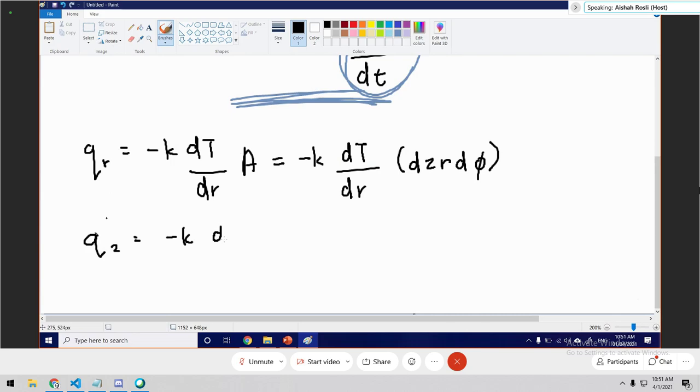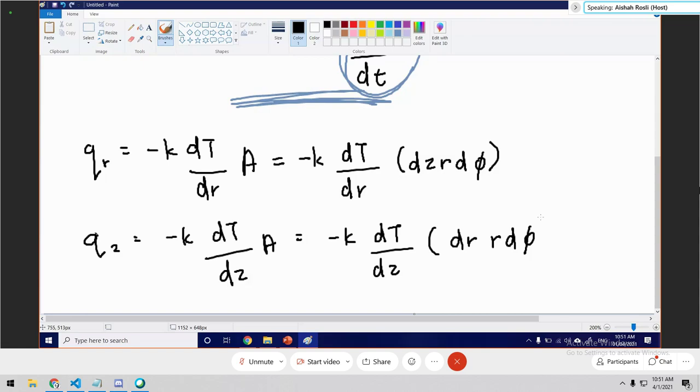So minus k dT, remember this is dz. So for the area it will be dr times r d phi. There's no dz here, dz is actually here.